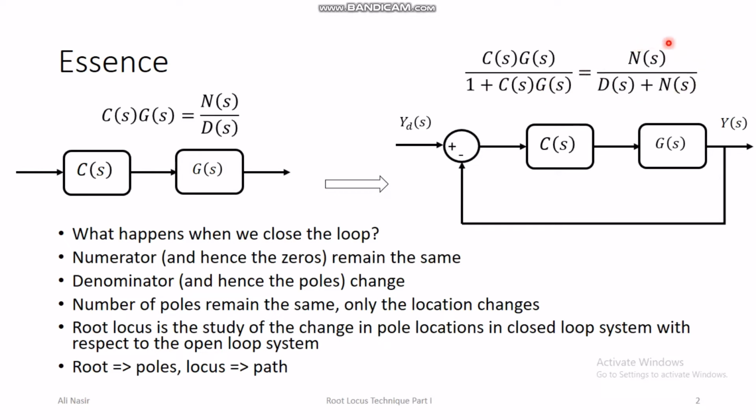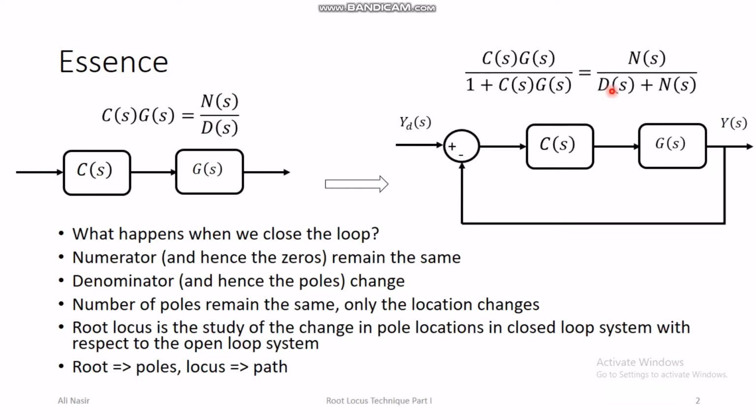What is interesting is that if we compare these two transfer functions, the numerator is the same. We have already discussed that the roots of the numerator are zeros of the system and roots of the denominator are poles of the system.